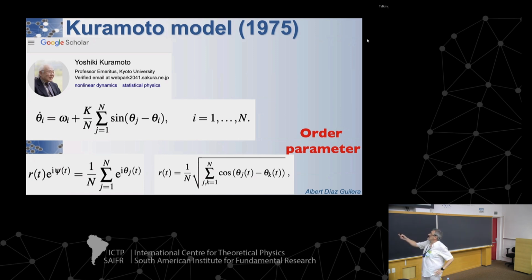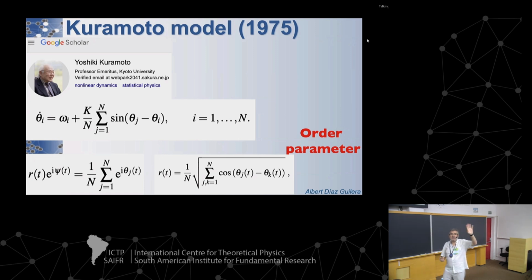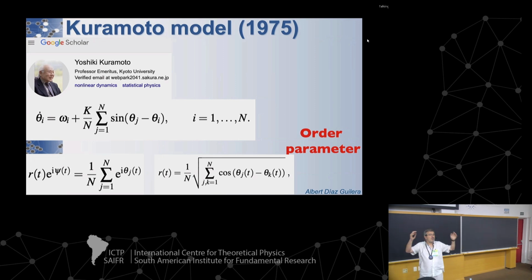Then this system has a natural frequency, and this unit is coupled to a number of units, this J. The natural frequencies make all the oscillators make their own trip, go around with their own velocity, and the coupling tries to make all of them move together, okay?